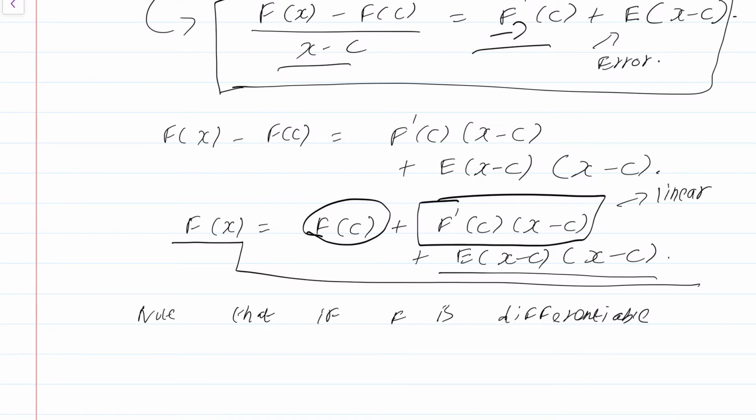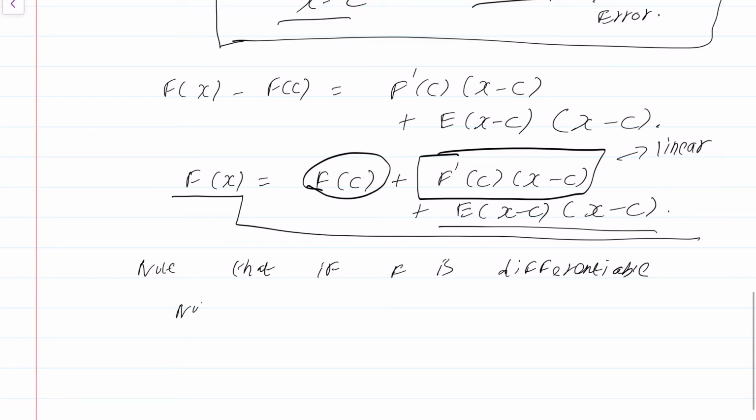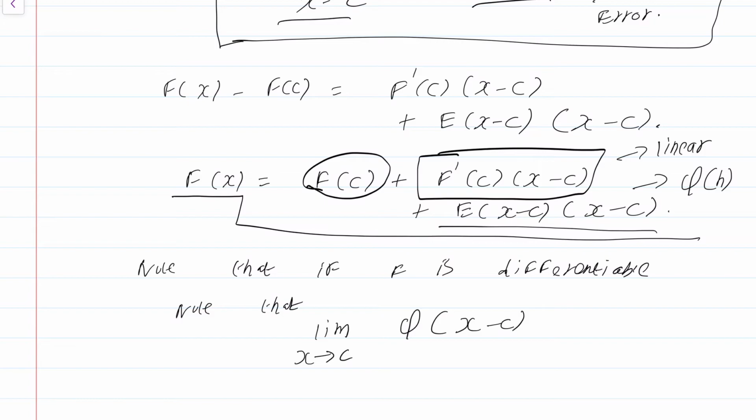If f is differentiable, note that, calling this phi of h, the limit as x approaches c of phi of x minus c divided by x minus c goes to 0.